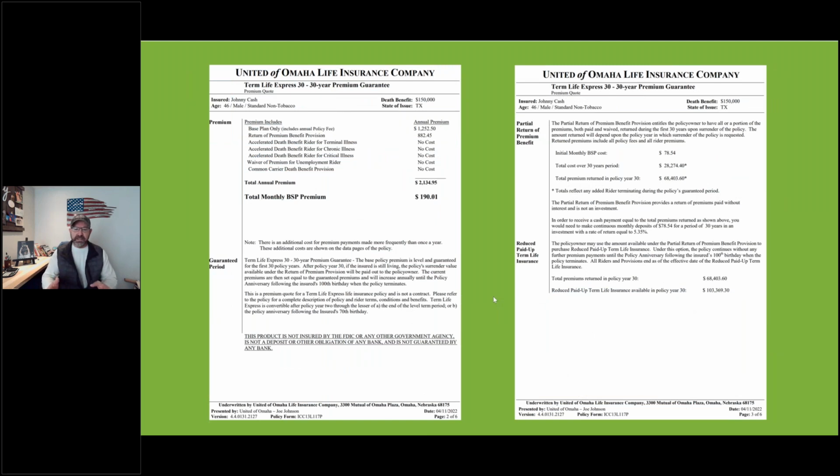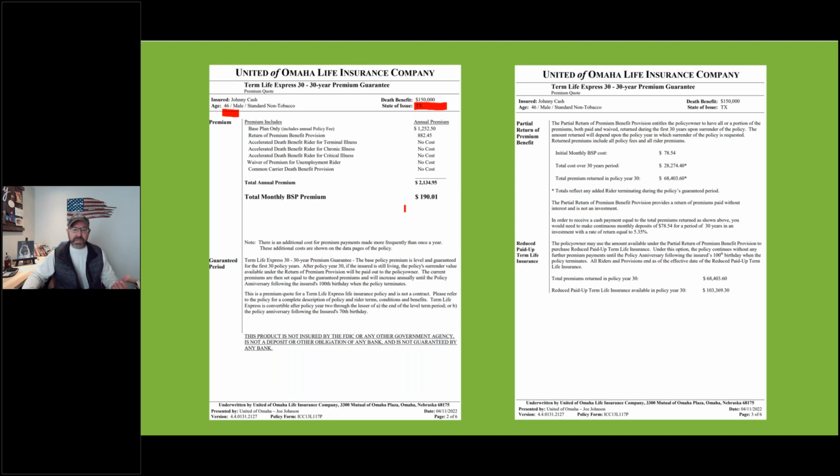What you see here is an illustration. If you ever want to do an actual illustration, if you use WinFlex, you can actually print an illustration for return of premium. You don't need to. Most of the time, I just write it out on a piece of paper for them to understand it, but you can print this if you want to. So this shows you what we have here, Michael. We have a male client, age 46, and we're going to do $150,000 of term.